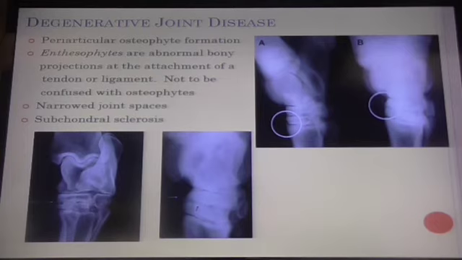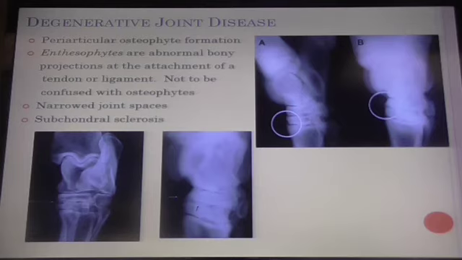So degenerative joint disease, of course, just like any arthritis, the joint spaces are narrow because there's a decrease in synovial fluid. And what happens when there's a decrease in fluid? Then the stress would be on the bones adjacent to the joint, and they become more compact rather than porous.